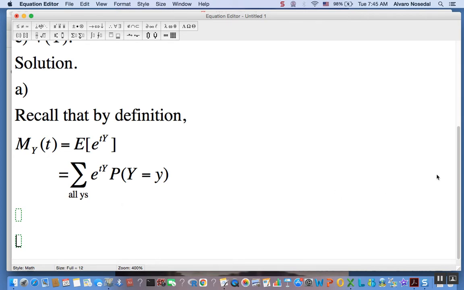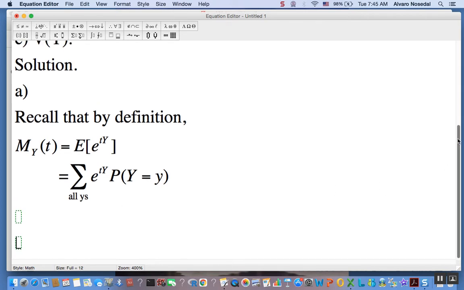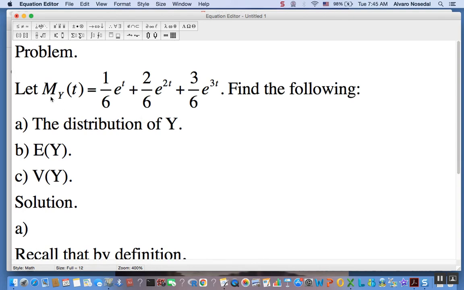Now let's go back to the MGF we have here. Let's try and rewrite it, and then we're going to compare that to the definition.